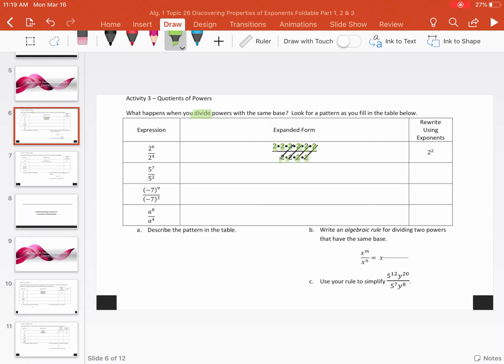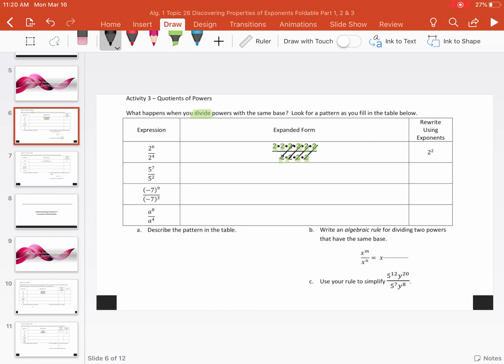Because we know that we can reduce when we are dividing a number by itself, it reduces to 1. That's exactly what is happening here. Once they reduce, if they see the same number in the numerator as in the denominator, it simplifies to 1, and all we're left with is 2 times 2, or 2 squared.